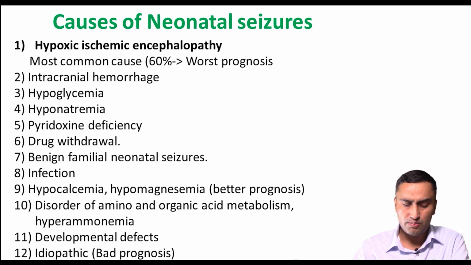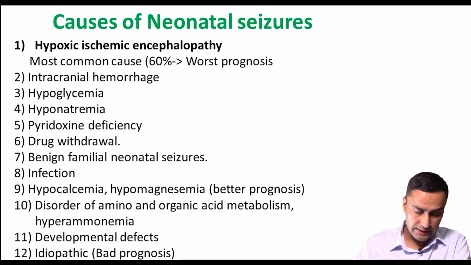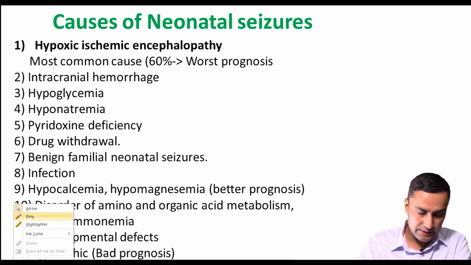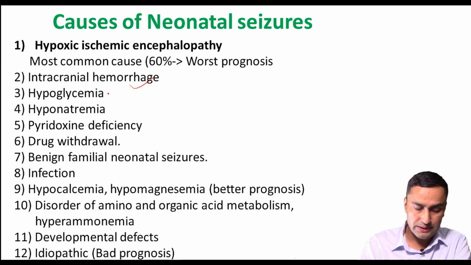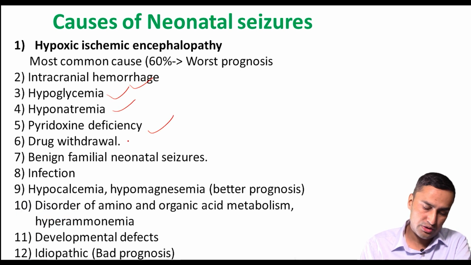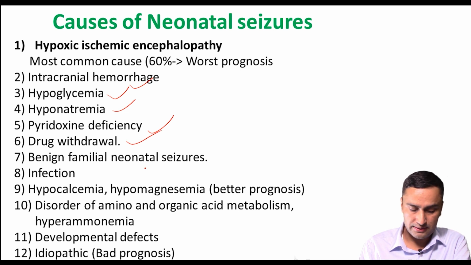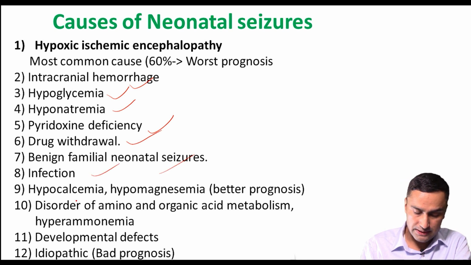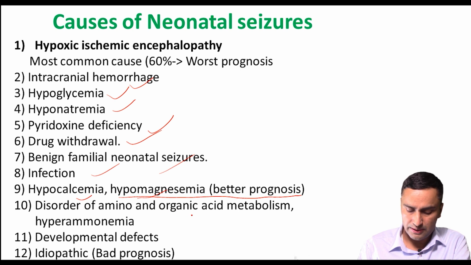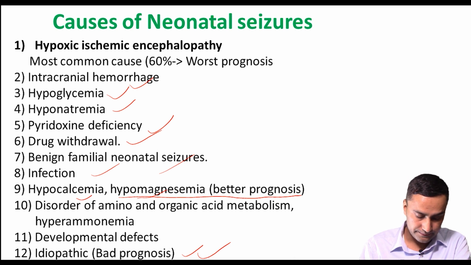Other causes of neonatal seizure include intracranial hemorrhage, hypoglycemia, hyponatremia, pyridoxine deficiency, drug withdrawal, benign familial neonatal seizure, infections, hypocalcemia, and hypomagnesemia. Hypomagnesemia has a better prognosis. Disorders of amino and organic acid metabolism, hyperammonemia, developmental defects, and idiopathic causes have a bad prognosis among the causes of neonatal seizure.